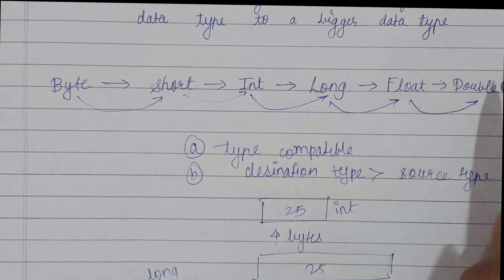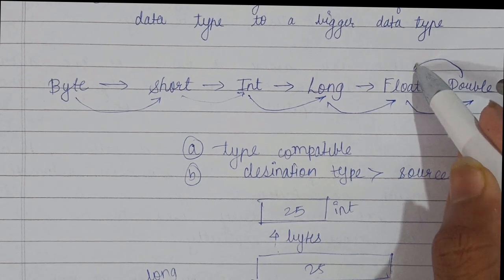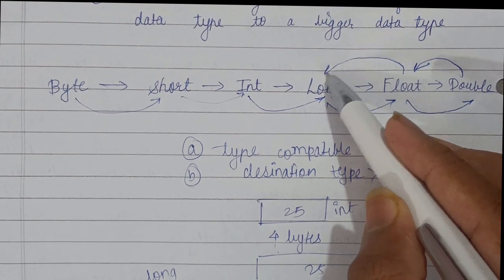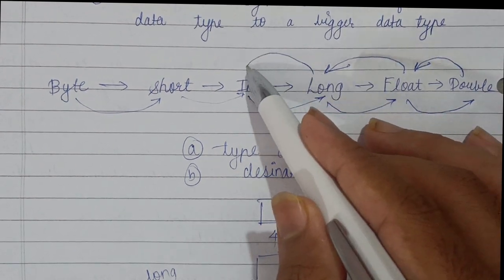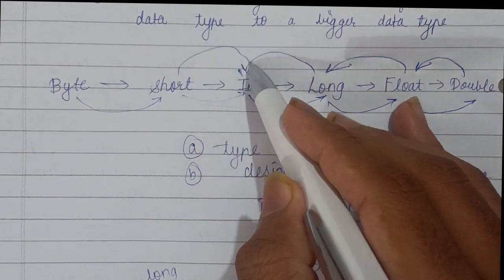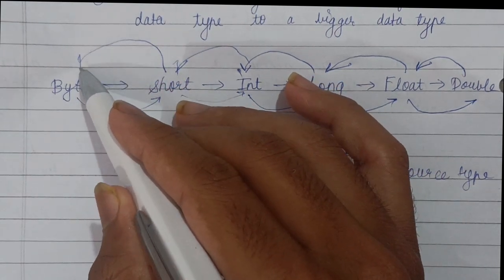But in reverse order it is not possible. Double cannot be converted into float. Float cannot be converted into long. Long cannot be converted into int. Int cannot be converted into short, and short cannot be converted into byte.